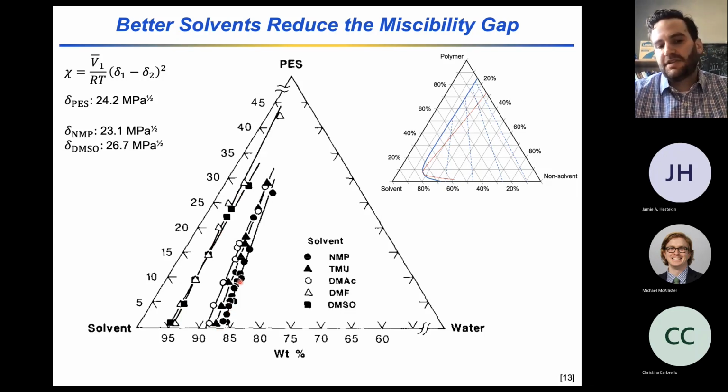Alternatively, NMP, which is a slightly better solvent for polyether sulfone, has its binodal line or cloud point pushed further to the right, which means that the N-methylpyrrolidone is maybe better able to mediate the interactions between the polyether sulfone and water as the water is dosed into the system. And so slightly more water can be put into the casting solution.